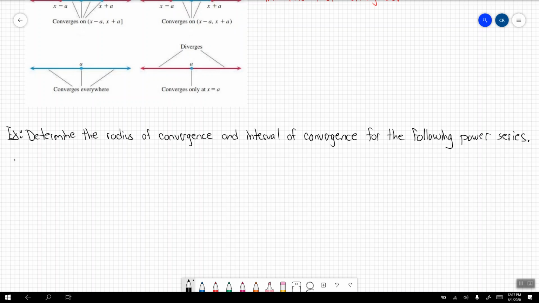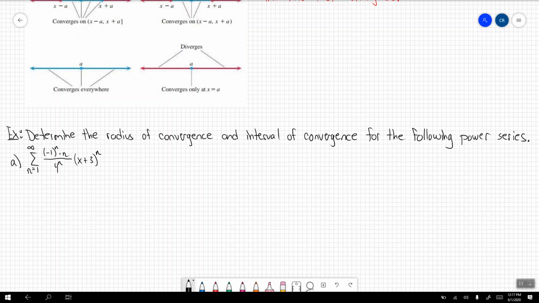So here goes the first one, part A. We're going to have a power series, let's say n beginning at 1, of negative 1 to the power of n, multiplied by n, and then divided by 4 to the power of n, multiplied by x plus 3 raised to the power of n.